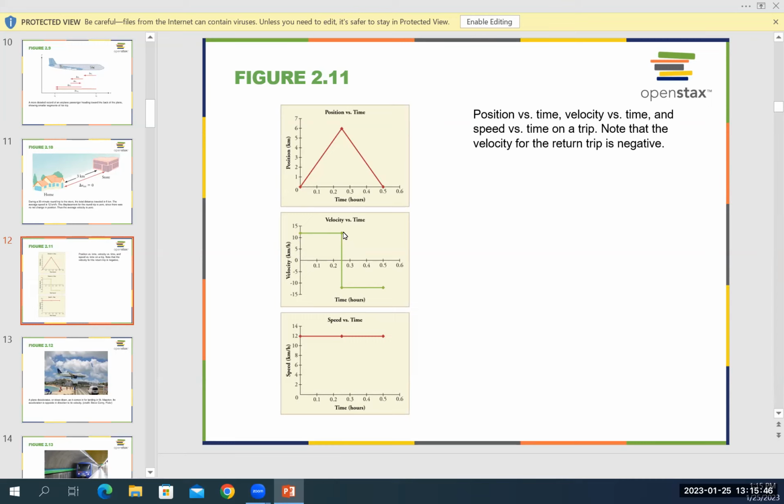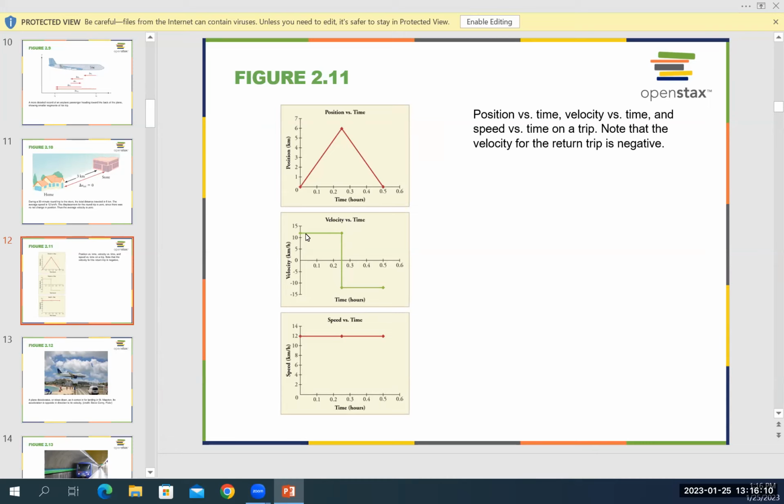Then suddenly the velocity goes in the negative direction, but time keeps going. So notice there's what looks like a discontinuity here. Remember, we're not measuring distance versus time here. We're measuring velocity versus time.